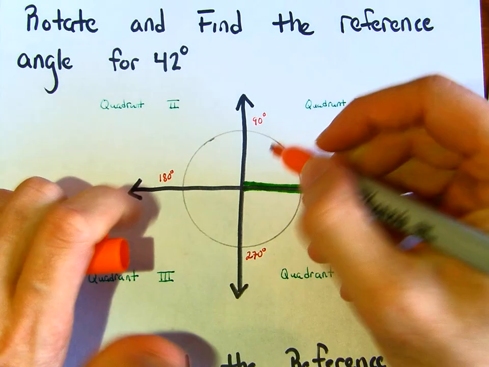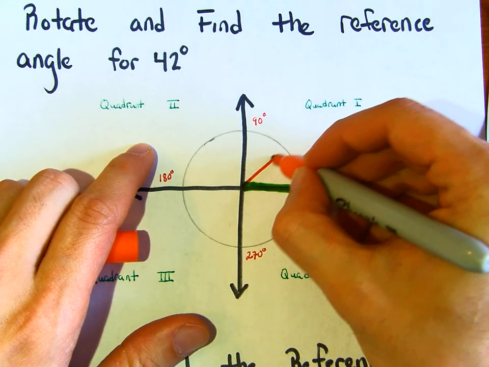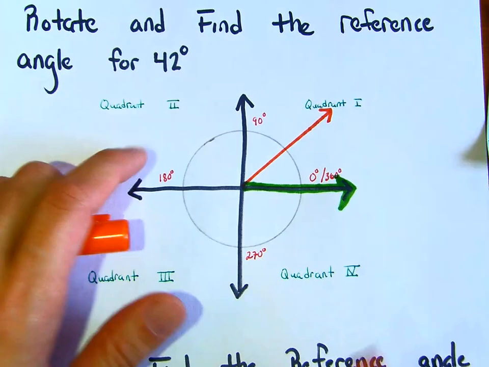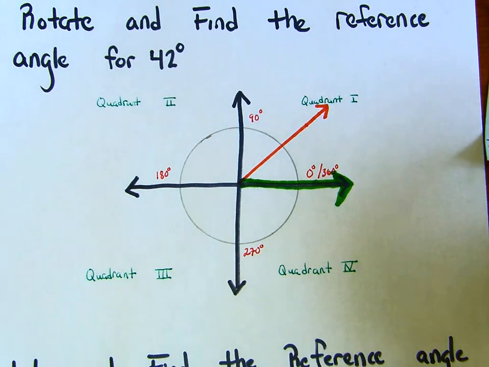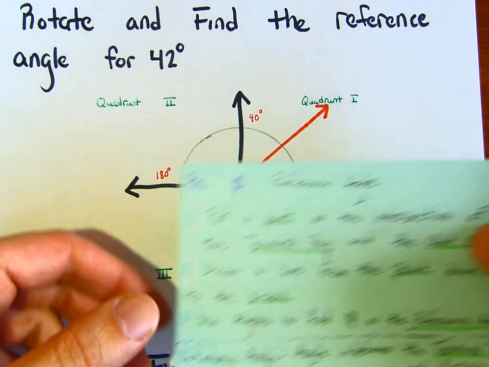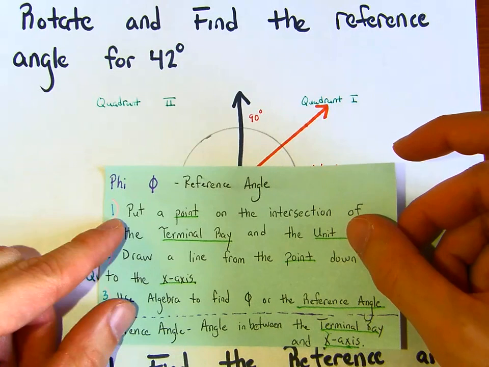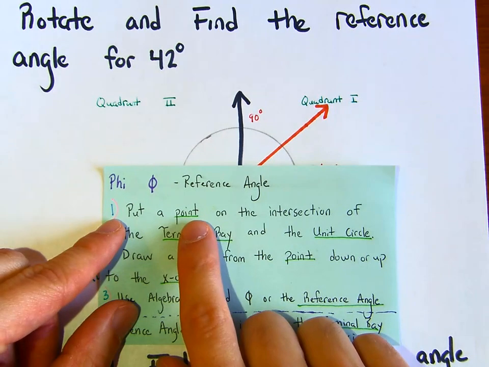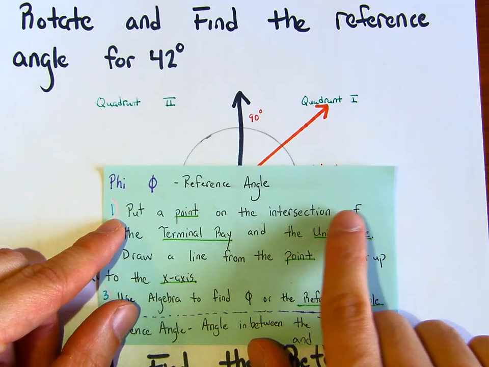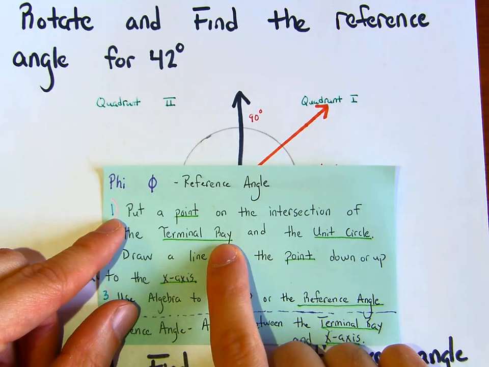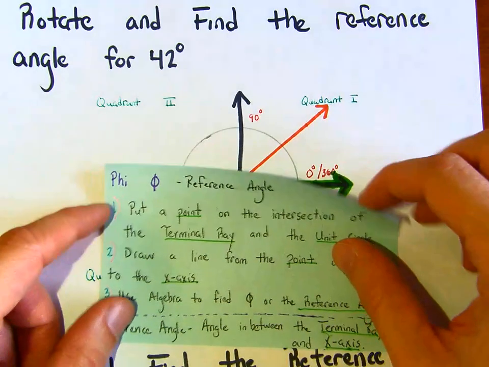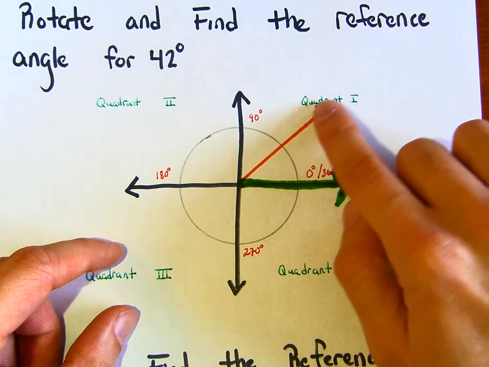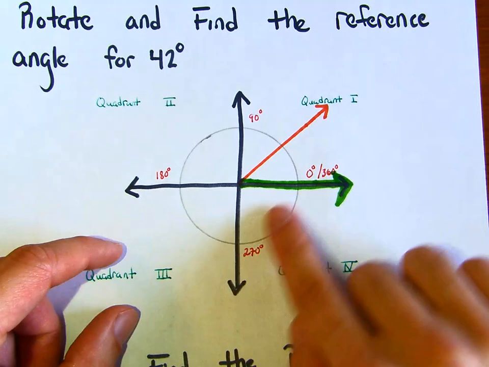So where is 42? Let's say somewhere over here. And now, what do we need to do? Let's just go through the steps. Step number 1, put a point on the intersection of the terminal ray and the unit circle. Notice that this is the terminal ray and this is the unit circle.